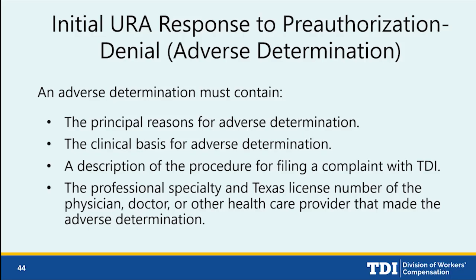So first, the reasons for the adverse determination have to be based on clinical evidence-based treatment guidelines and information. Also, it should include what to do if you file a complaint with the Texas Department of Insurance, and the professional specialty and Texas license of that physician or doctor or other healthcare provider that made that adverse determination. So it needs to include all of these things.